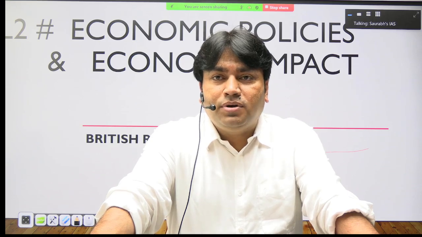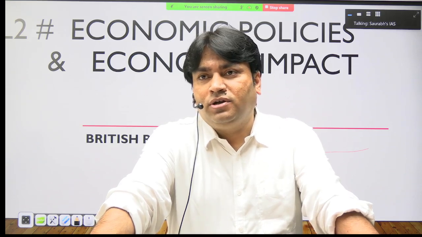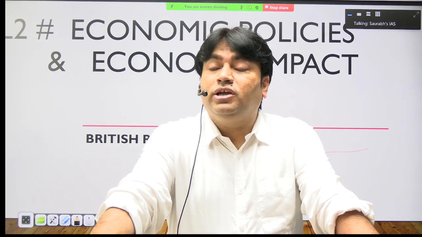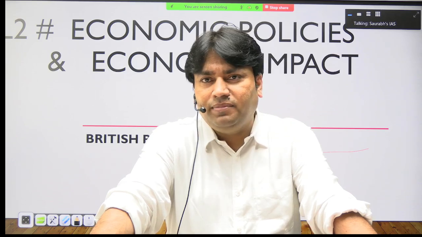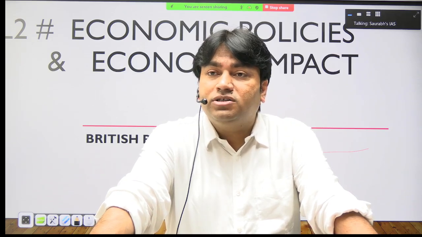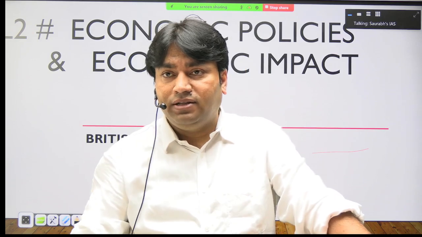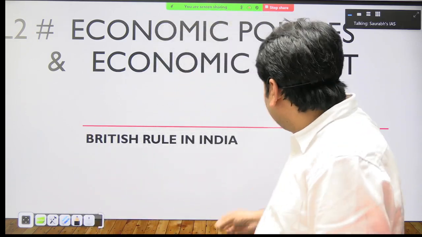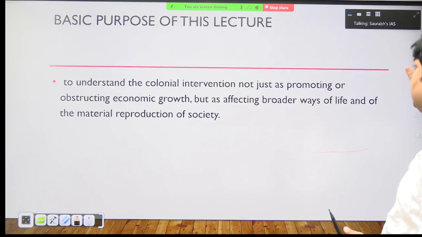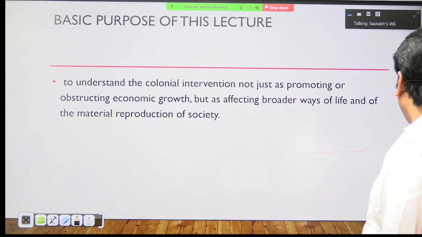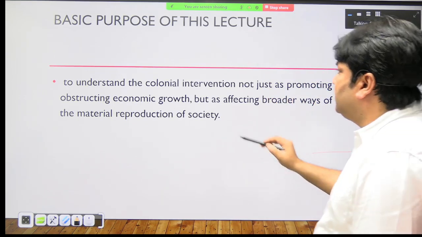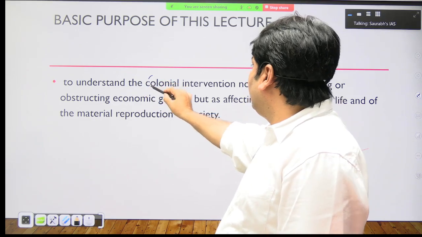And the main purpose of this rule was to ensure the economic exploitation of India, because India was a colony at that time. So the basic purpose of studying this chapter is to understand the colonial intervention.